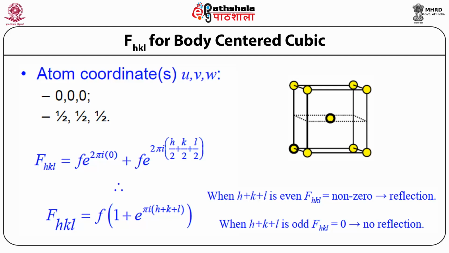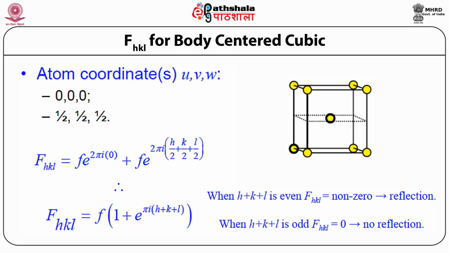But the interesting thing is when H plus K plus L is odd. H, K, L are all integers, so the sum can be even or odd. When it is odd, the value of this exponent will be -1, and 1 minus 1 becomes 0. So that is no reflection.